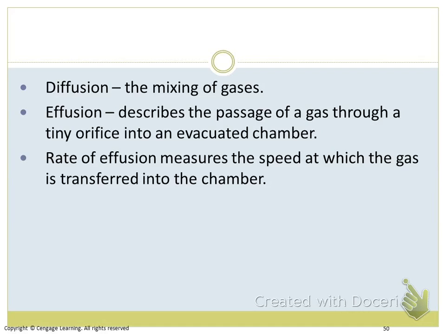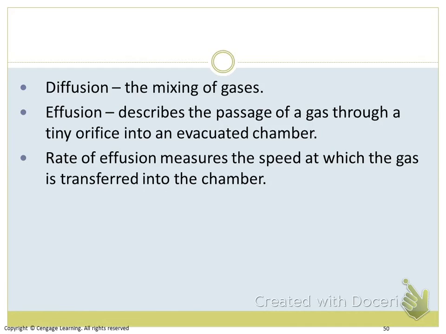Effusion is the passing of gas through a small hole or an orifice into an evacuated chamber, so kind of like a vacuum type scenario. And so the rate of effusion, which is what we're going to be solving for next, is basically talking about how fast the gas passes through that tiny hole.